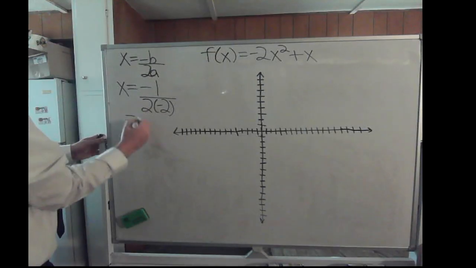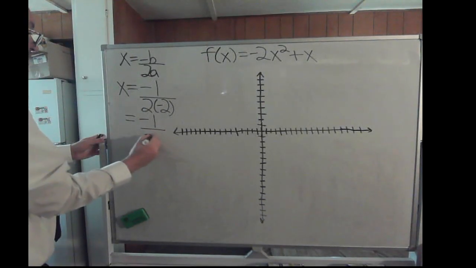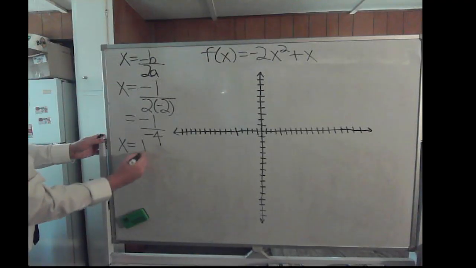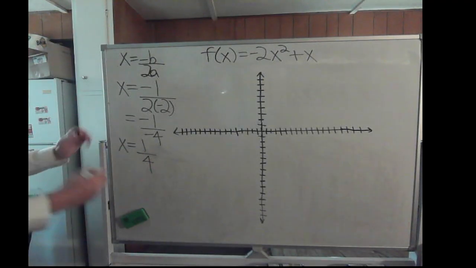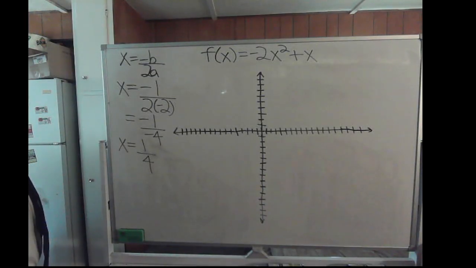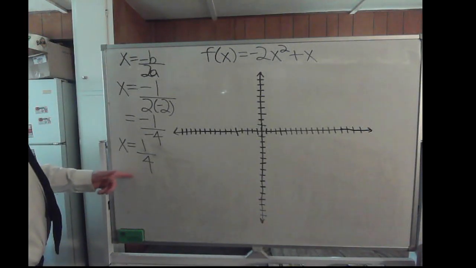Well, you'll have negative 1 over negative 4. So therefore the x-coordinate of the vertex is positive 1/4. So x equals positive 1/4, the x-coordinate of the vertex.